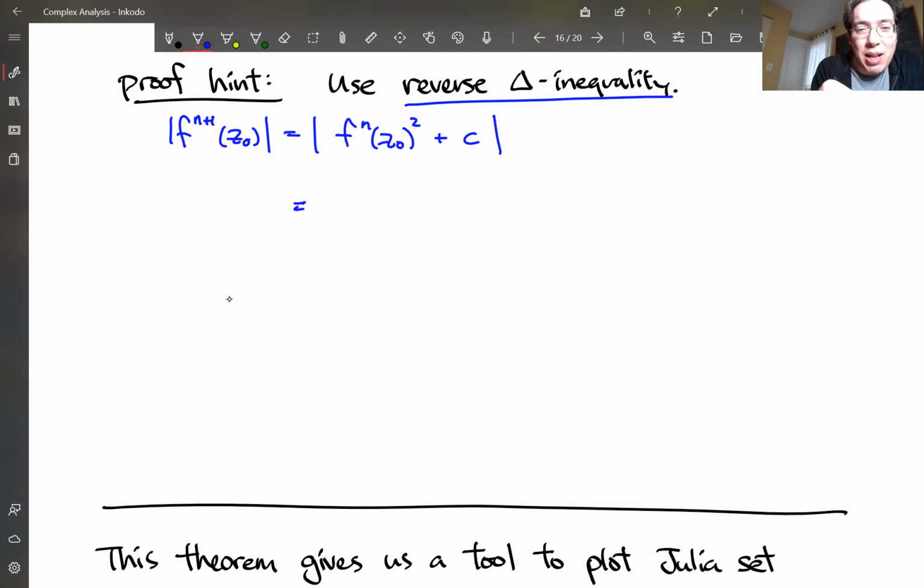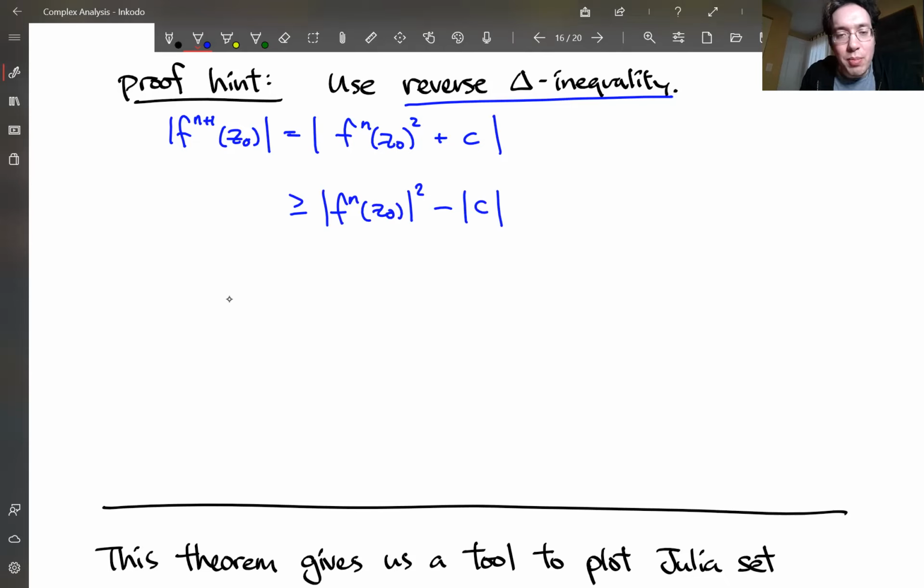Let's apply it. The reverse triangle inequality says that this is at least as big as this expression right here.